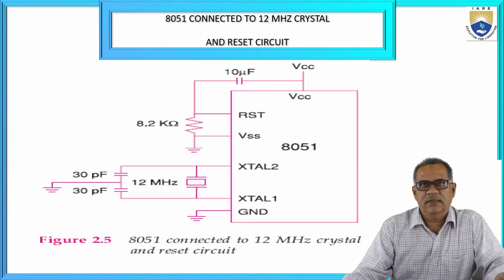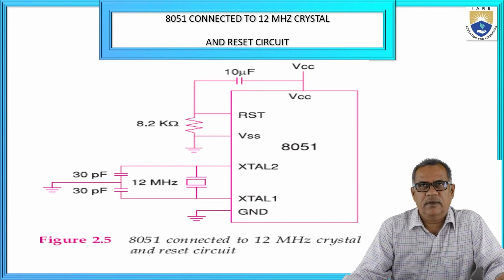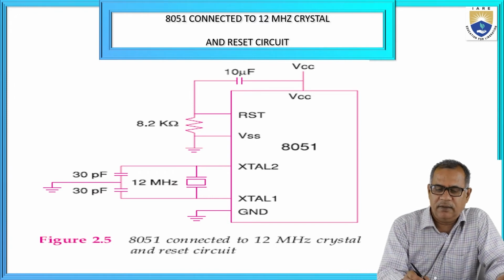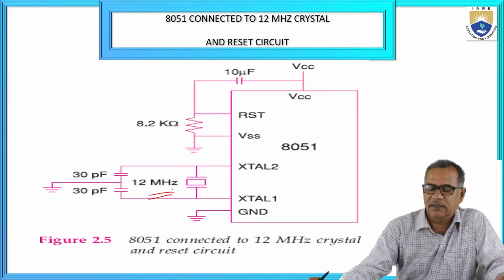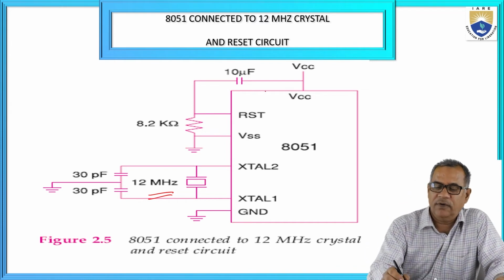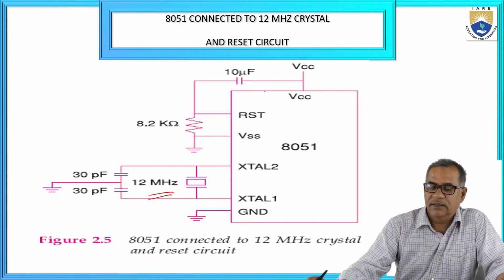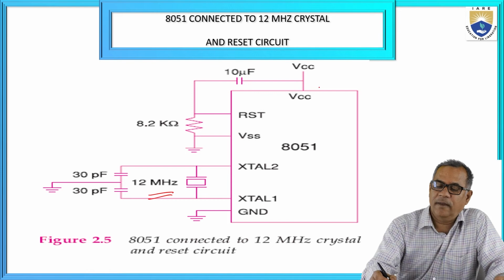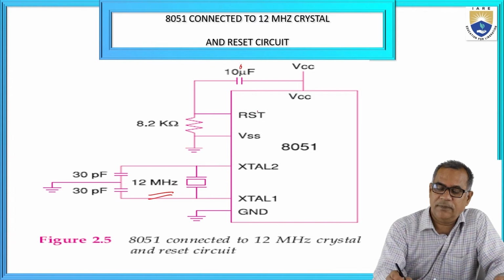And you see here, this is the circuit for the reset and connecting the external crystal. Here it shows the 12 MHz crystal, and this is the circuit for the power on reset. Initially, when power is switched on, the voltage across the capacitor is 0. So all 5 volts appears between RST and VSS.